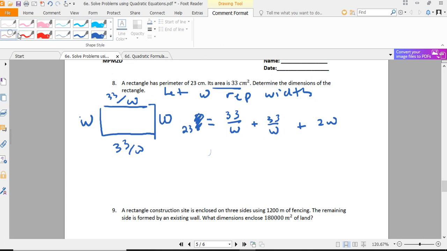I can multiply every term by W, which will give me 23W equals, these will cancel, 33 plus, these will cancel, 33 plus 2W squared. And then again, rearrange that and solve for W.